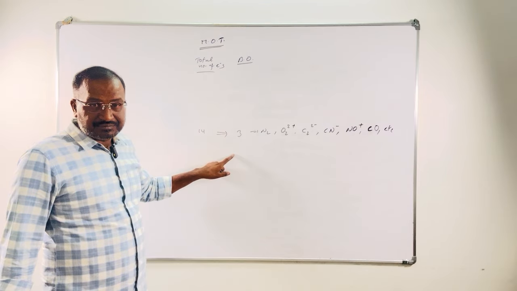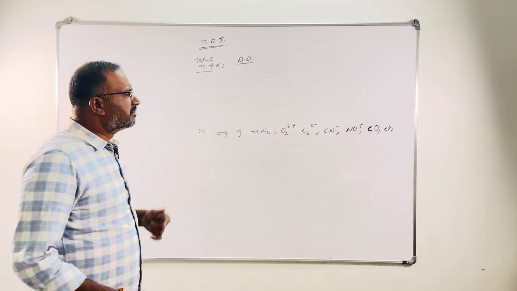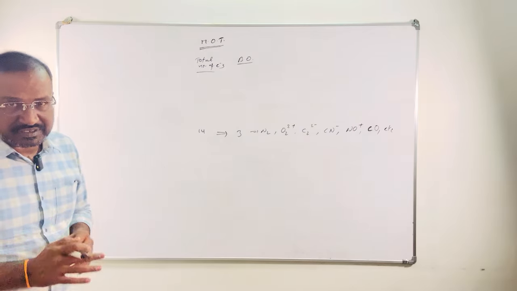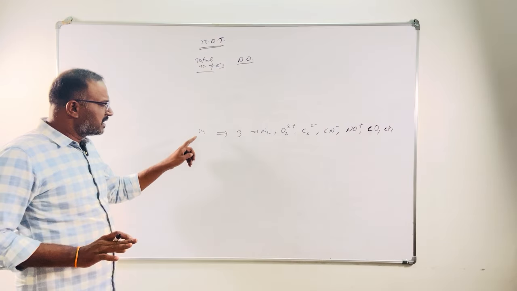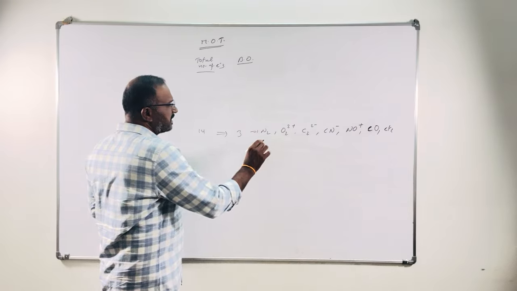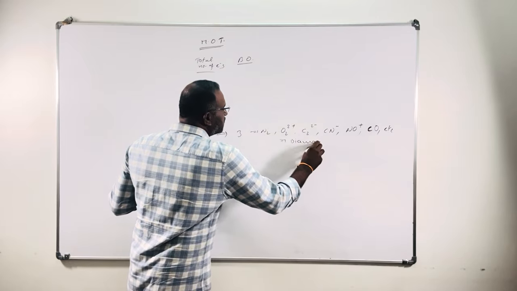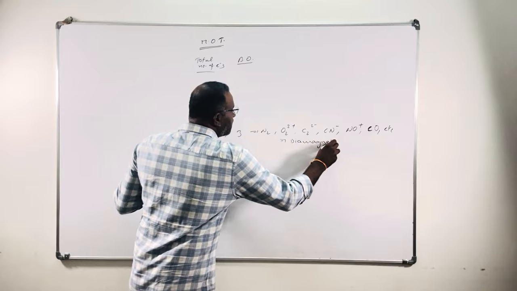Bond order is 3. And magnetic nature we discuss after writing the electronic configuration. Mostly in this case, the magnetic nature will be diamagnetic because no electron is unpaired.